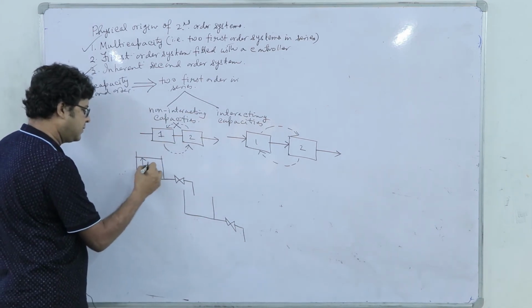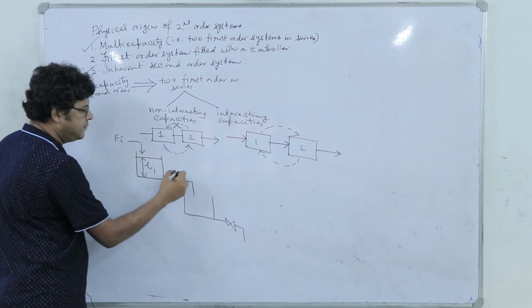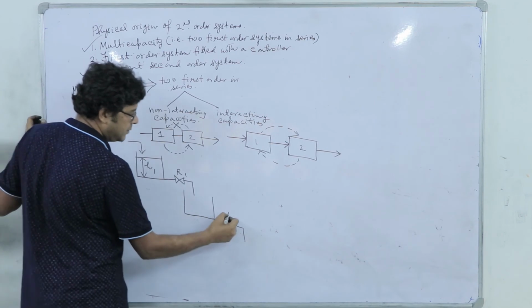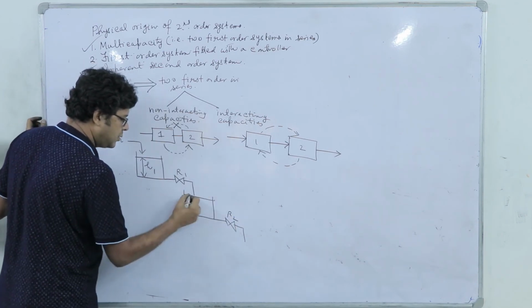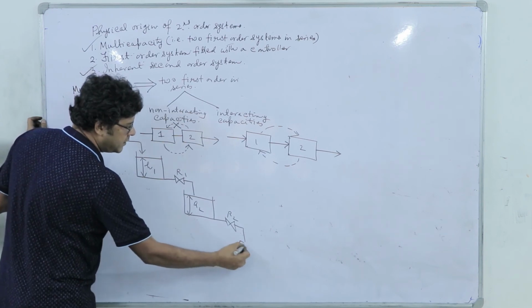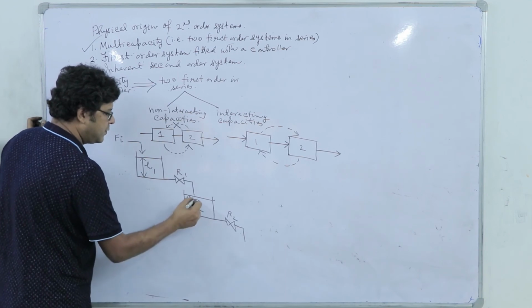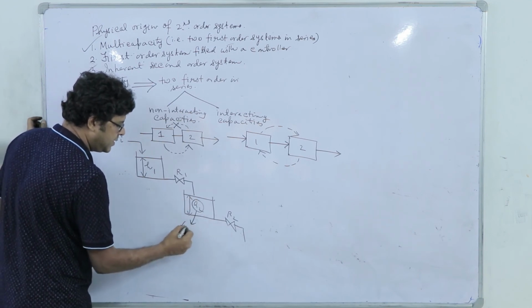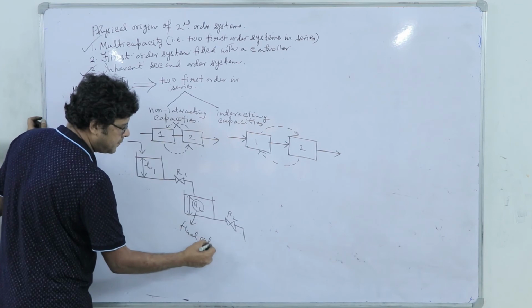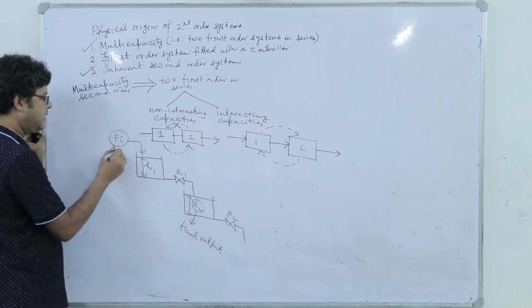Here the dynamics is represented by H1, this is Fi, this is R1, this is R2 and this is H2, right. This is F, or let us not write this. So, this is the final output and this one is the input.